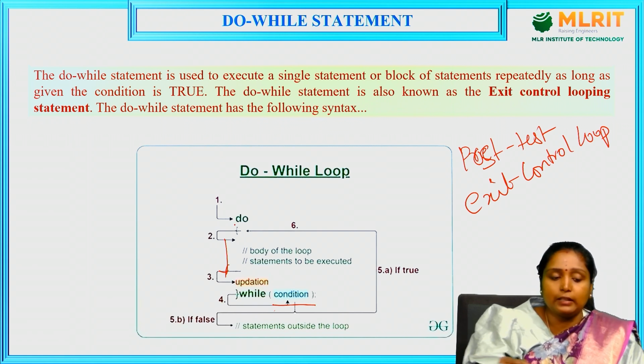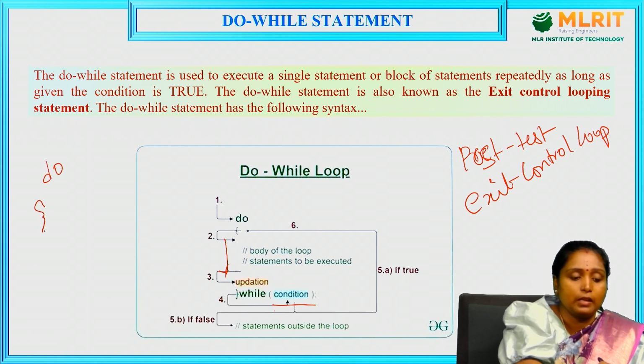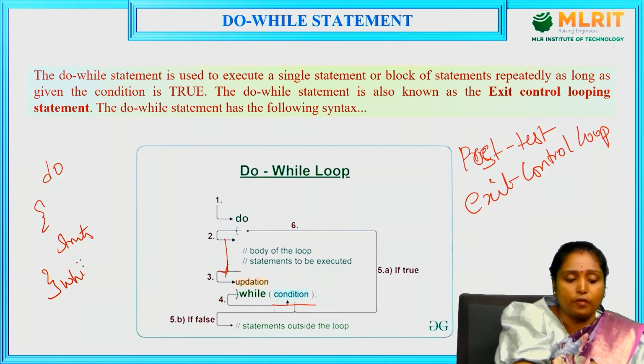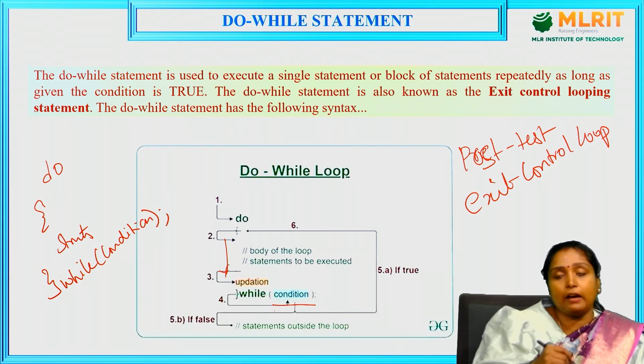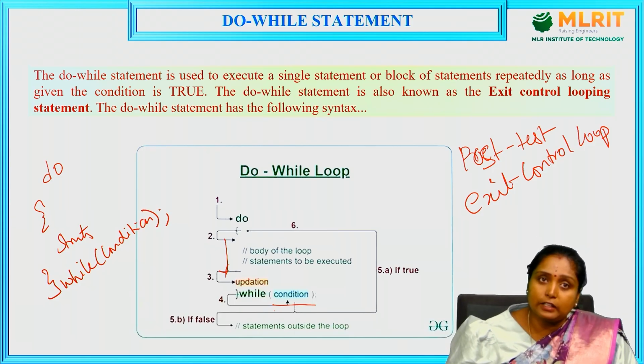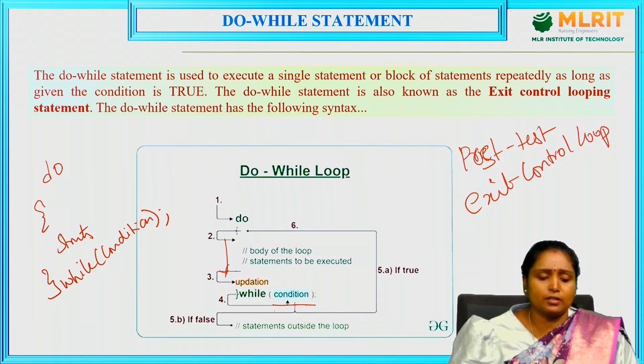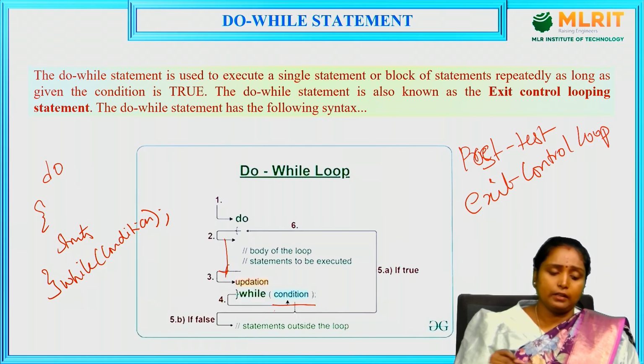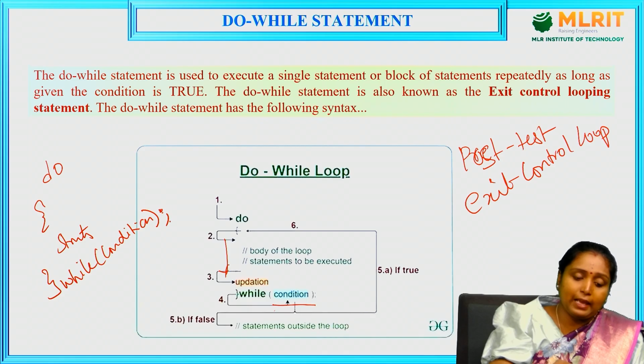So what was the thing? First you have to write do and a set of statements, and next the while condition. No other loops or conditional statements like decision control statements, if or switch, will have the semicolon, but only do while will have the semicolon.